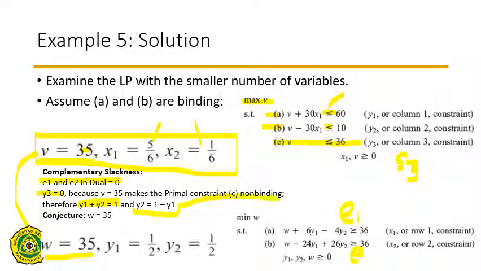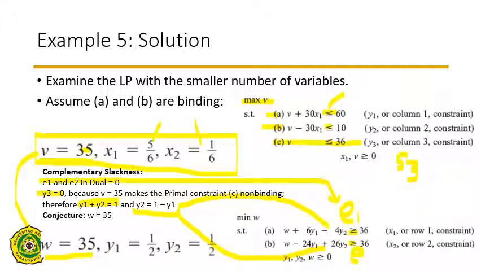And then we replace y2 by 1 minus y1 into these two equations. Based on the fact that e1 and e2 equal 0, we may say that these two signs become equality, because we do not have excess for these two constraints.